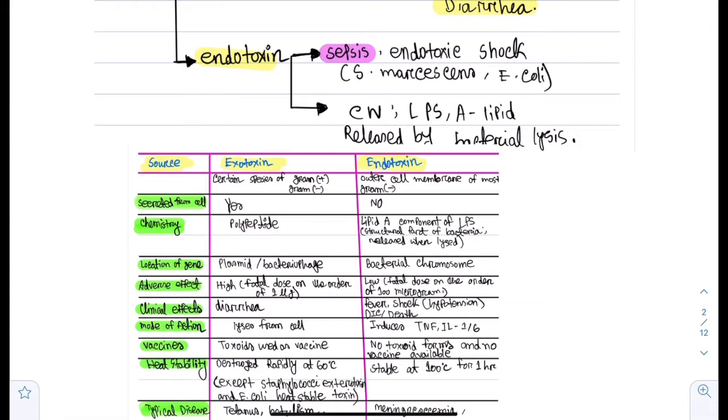So this is another reason that endotoxin might cause sepsis. If we take the blood of the patient and watch it under the microscope, we will be able to identify the bacteria and also the reason for the sepsis.